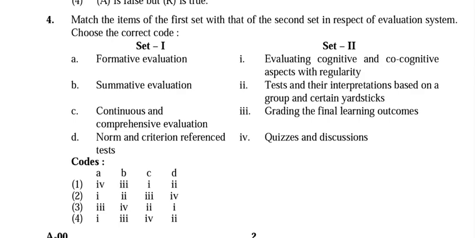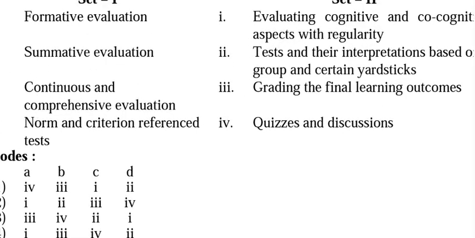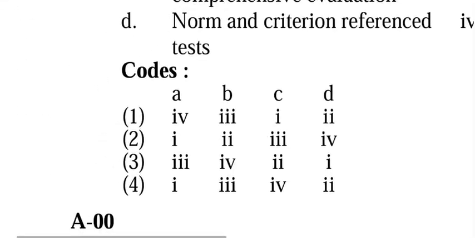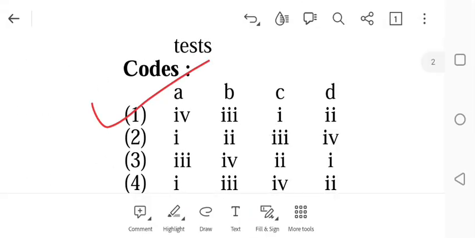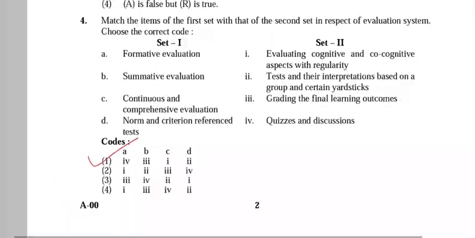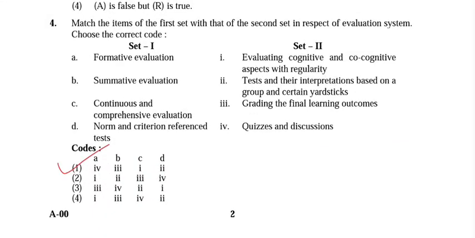D2, norm and criterion reference test, it is related to test and their interpretations based on a group and certain yardsticks. Done? Okay, finish. So far we have done 4 questions.